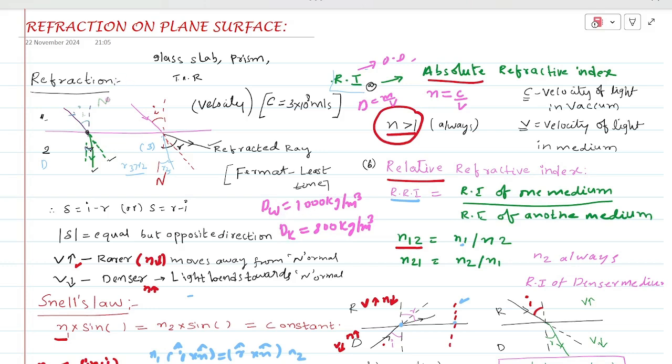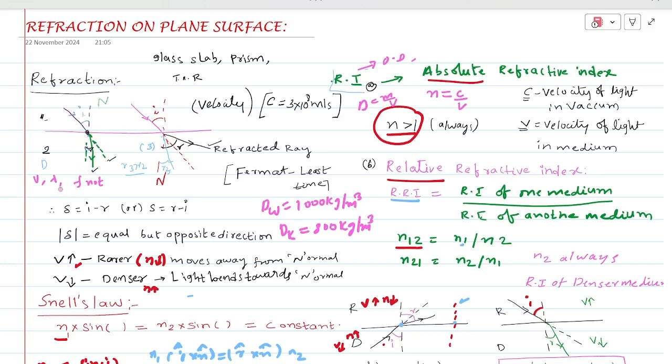And when light is traveling or refracting from one medium to another medium, the properties velocity and wavelength of the light change, but frequency does not change. Frequency means the number of vibrations of the light in the medium.